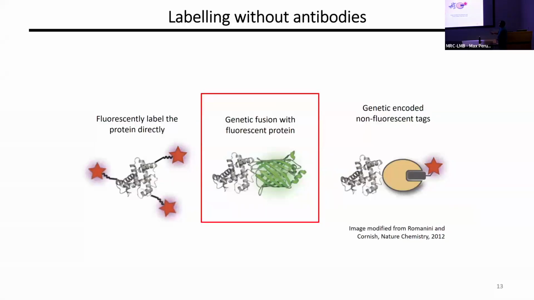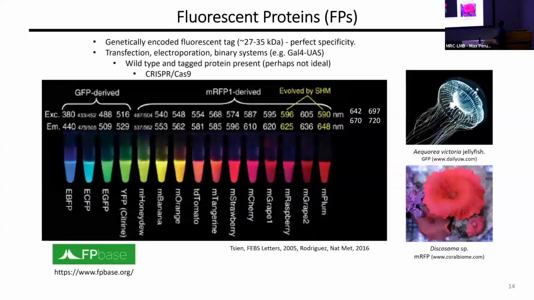Okay. Genetic fusion with fluorescent proteins. So once again, we're in the territory of the non-antibodies. Of course, we're talking about the GFPs, and by now you've probably heard a lot about GFPs. You'll know that the first green fluorescent protein was cloned from the Aequorea victoria jellyfish. From that point onward, you also had the RFP derived from Discosoma, and from all of those, many different fluorescent proteins with different wavelengths were created.